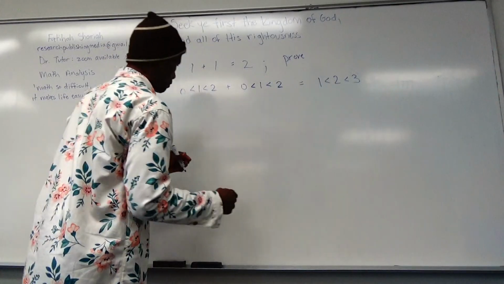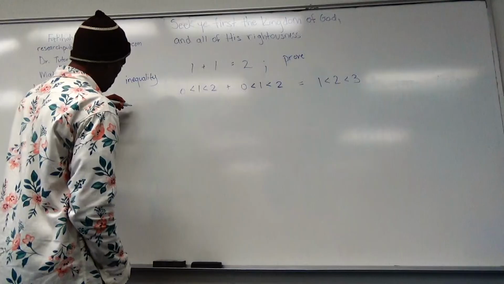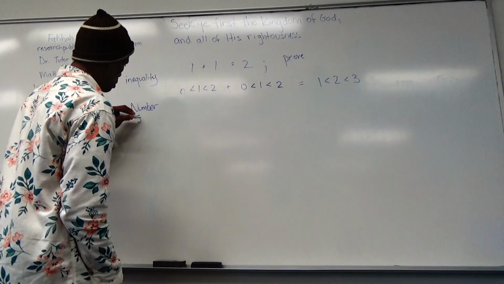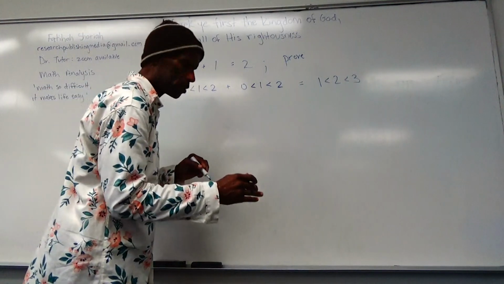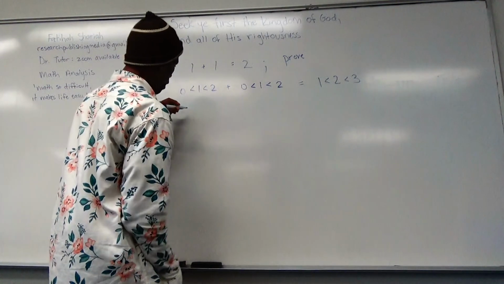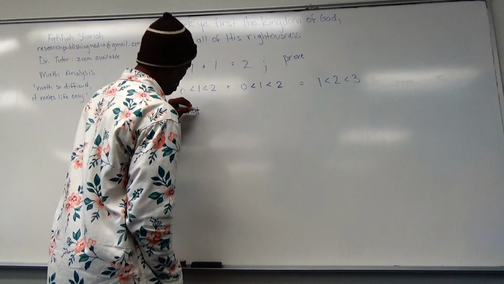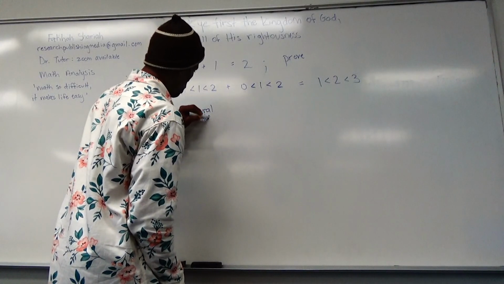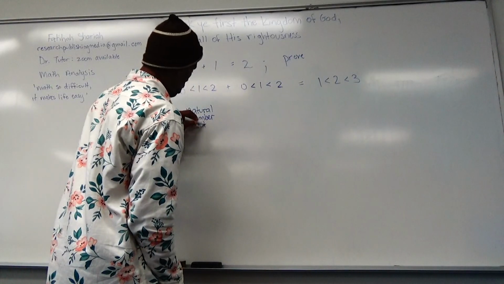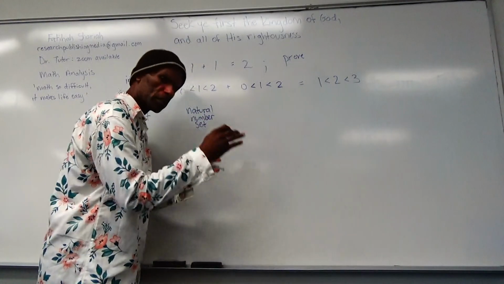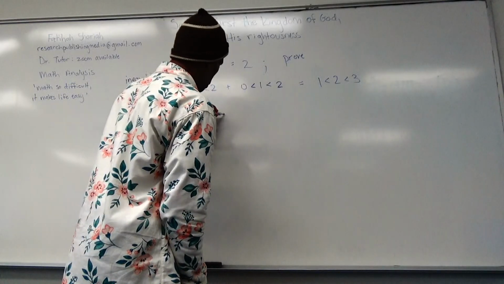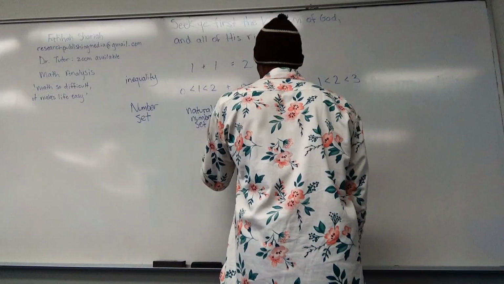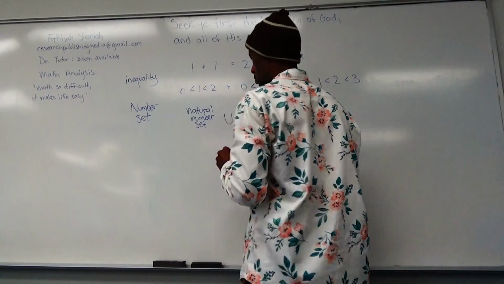So we're saying that coming out of the number set, we want to have a set of natural numbers, and remember the union symbol. And then we want to create a set of this 0. Right?